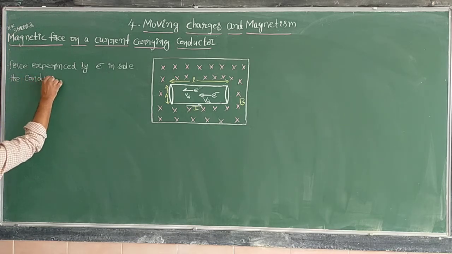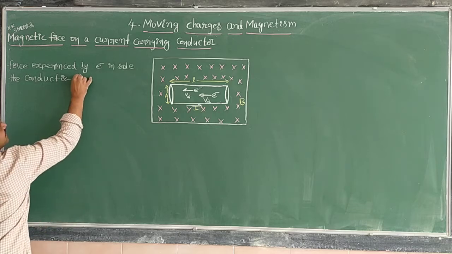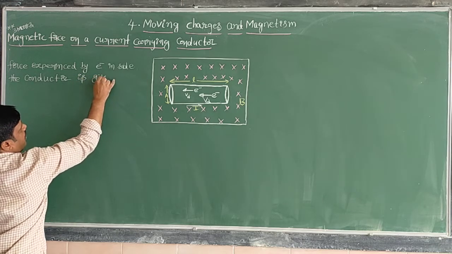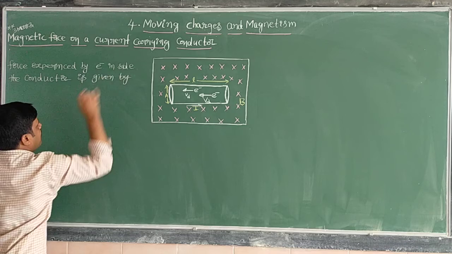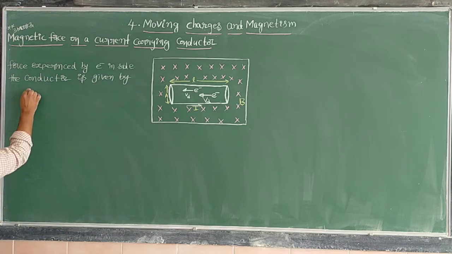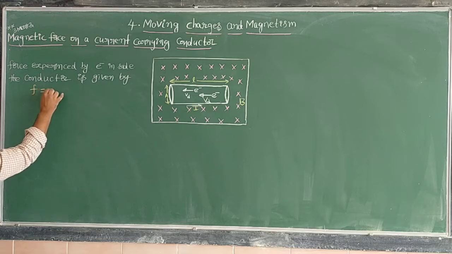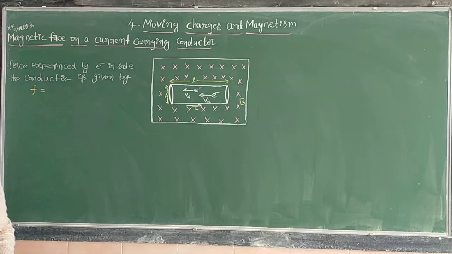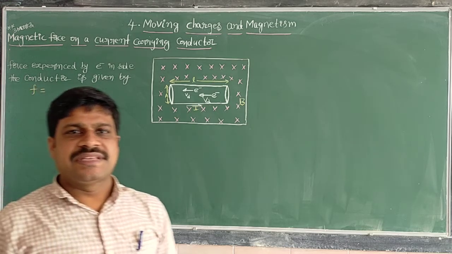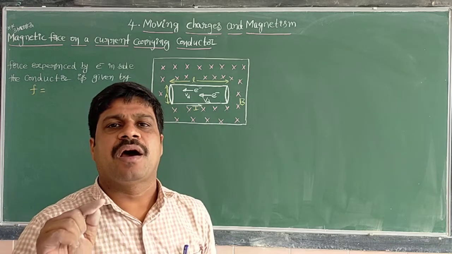Magnetic force experienced by the electron inside the conductor is given by: what is the force? Force is nothing but small f. Small f is equal to Q into V bar cross B bar.